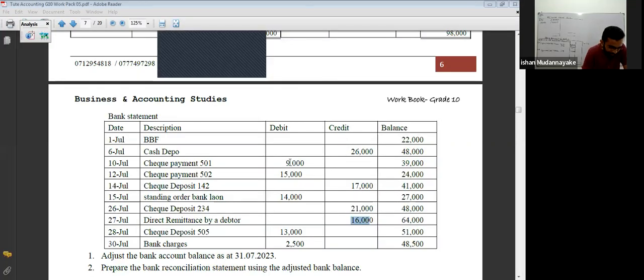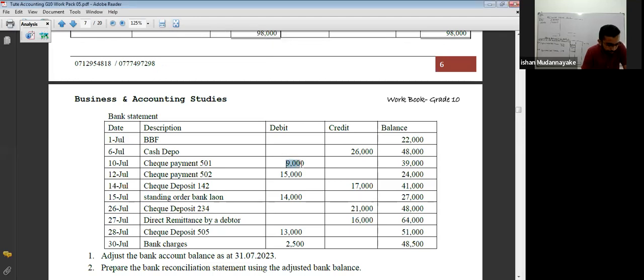Look at the debit side of the bank statement. 9,000 okay, you have marked. 15,000 also you have marked. No problem. 14,000 standing order, bank loan 14,000. Lamai, what is this? Standing order payment. You have ordered the bank to pay 14,000 for the bank loan each month.